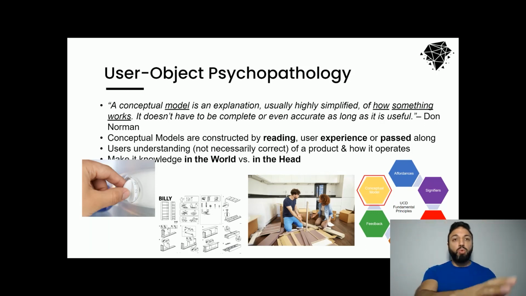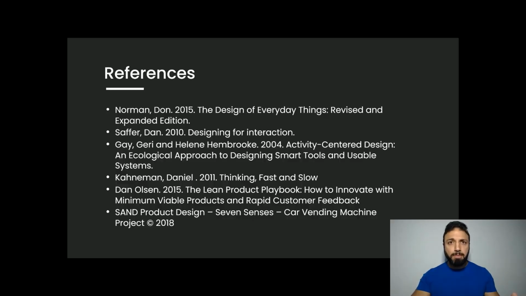How the product works inside, how the programming works, how the servos push the product, and how the door opens, and all of these things, this is mine to figure out. I do not want to burden the user with that. But that much I need to convey to the user. So the conceptual model is matching the design, or their mental model is matching the conceptual model of the product.